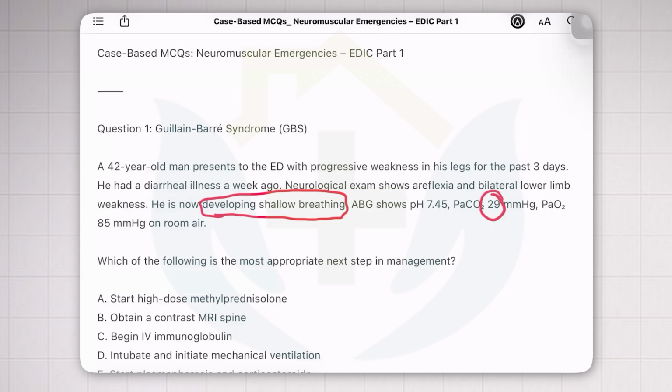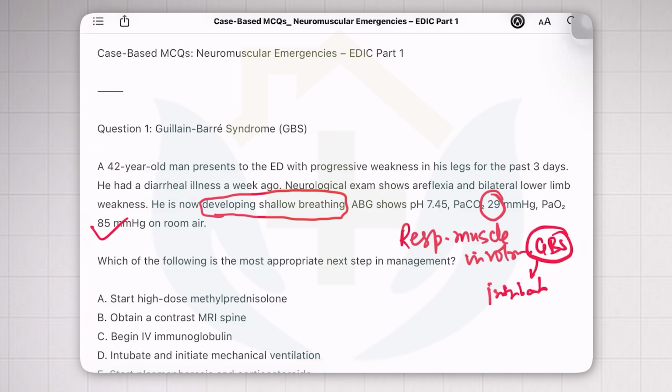So the CO2 has started to get washed out. PO2 is okay, although a bit low, but still okay. So this patient is developing respiratory muscle involvement. And we all know when respiratory muscle involvement begins in a patient of GBS, the patient needs intubation and ventilation on an elective basis.